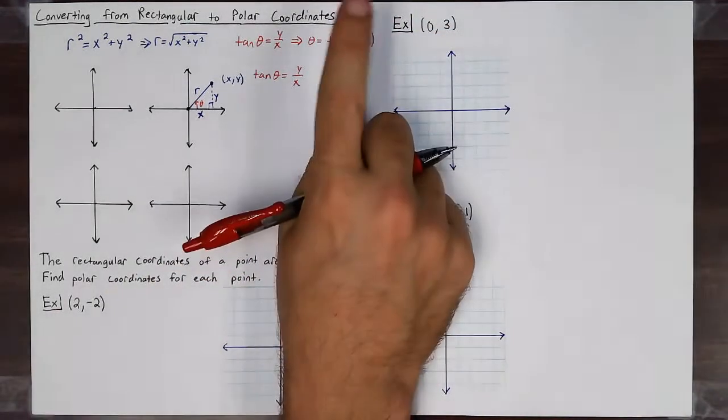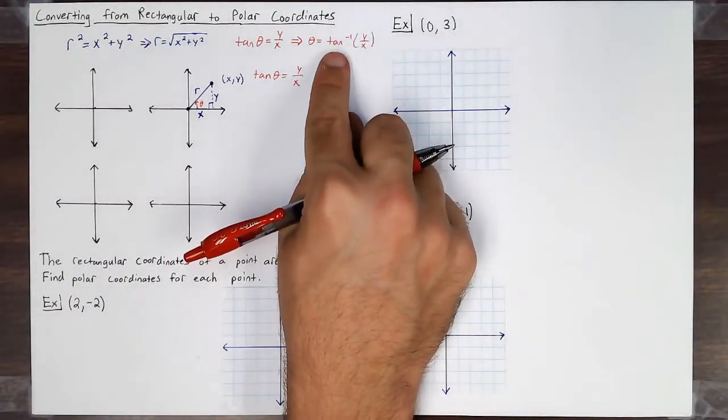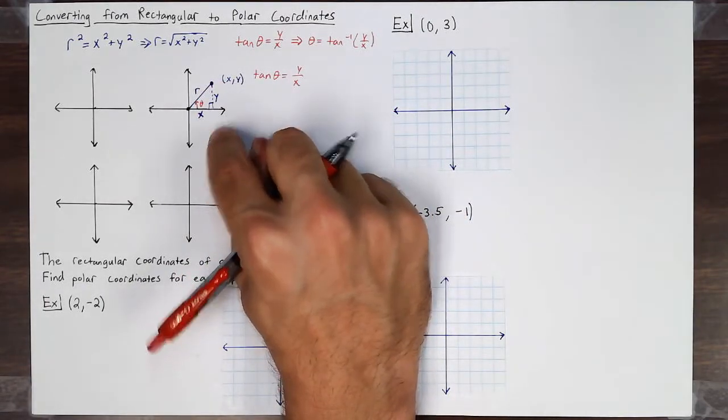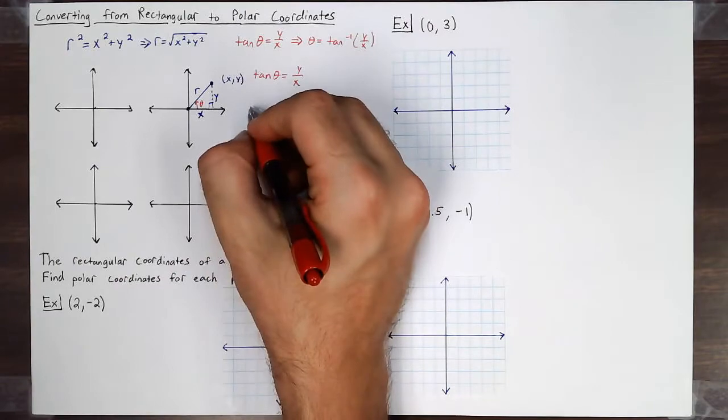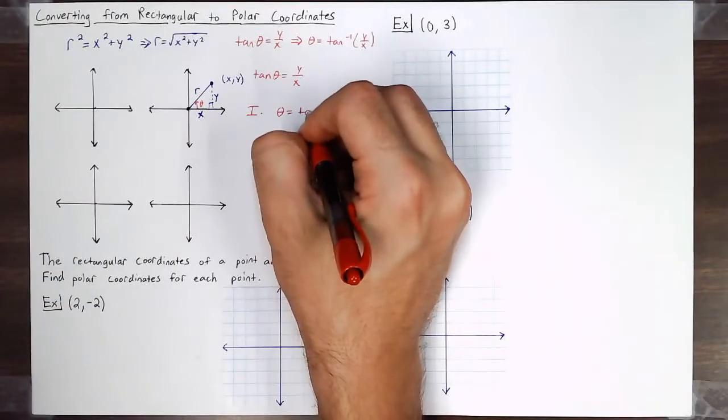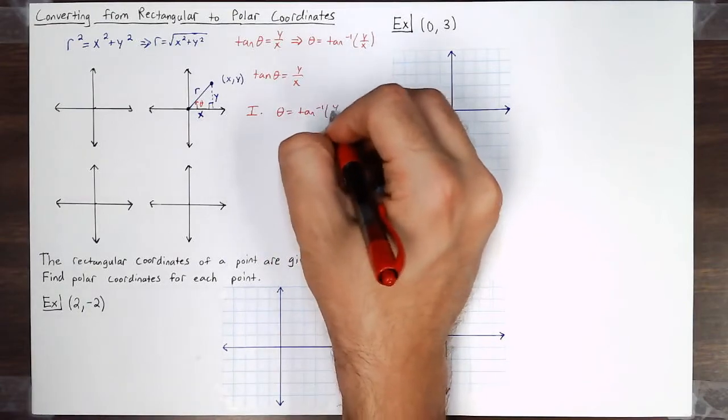But we have to keep in mind that tangent inverse only gives us angles in the first and fourth quadrants. So this is fine for the first quadrant. Theta can just equal tangent inverse of y over x.